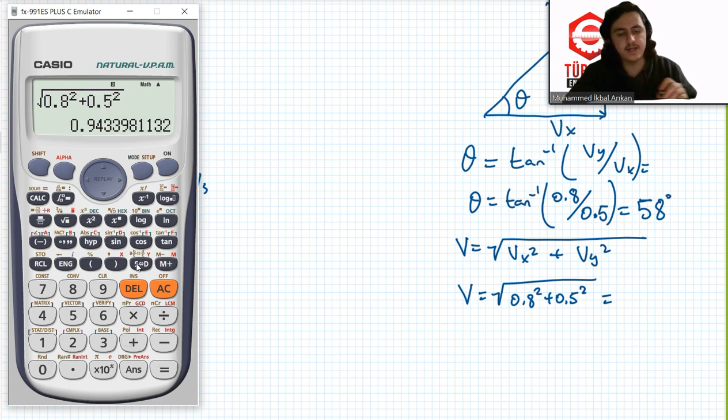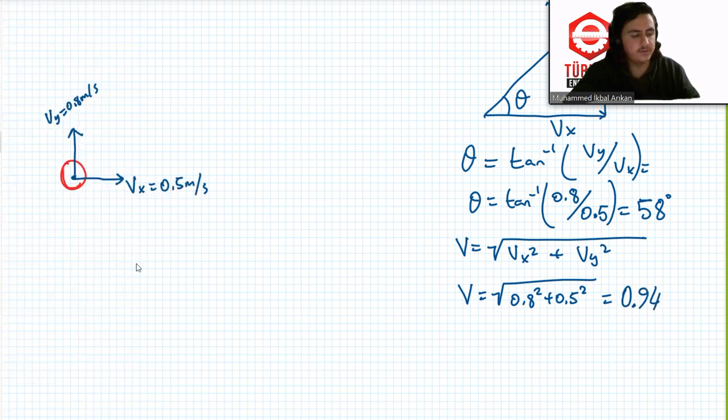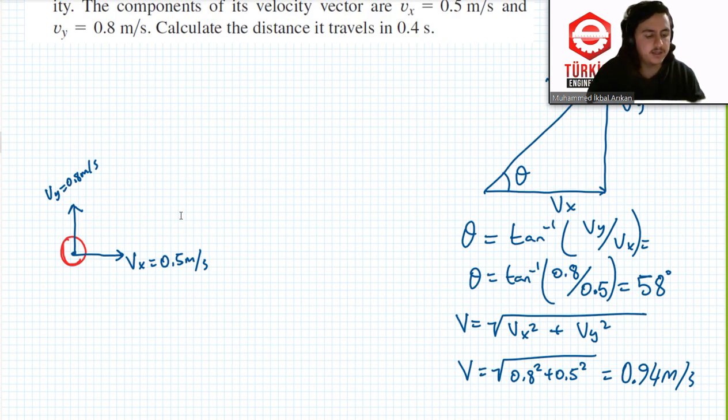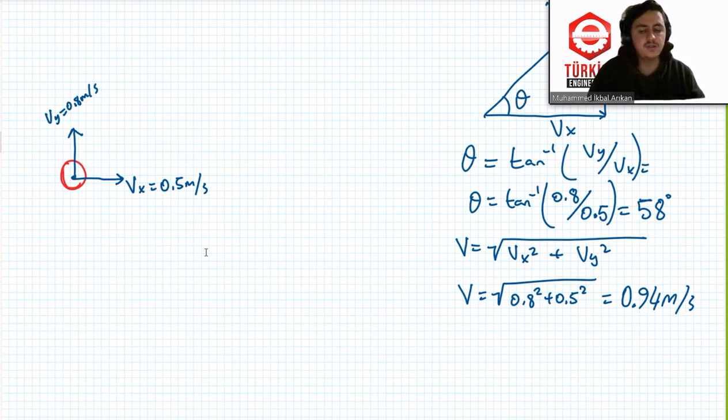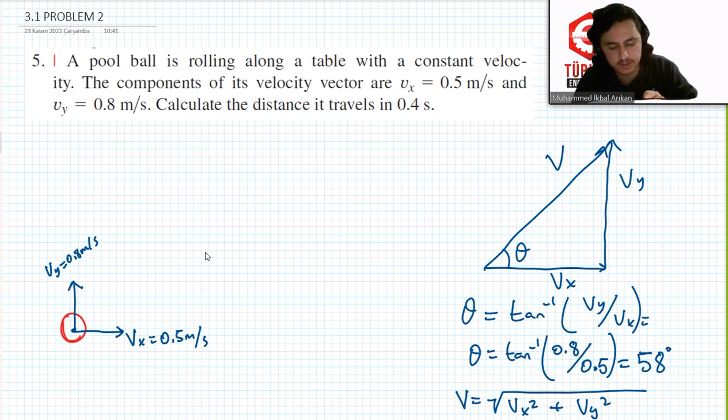So that will give me the answer 0.94 meter per second. This is my magnitude. I know the direction now, and I know the magnitude of the velocity. So I will put my velocity here. That will be my velocity.